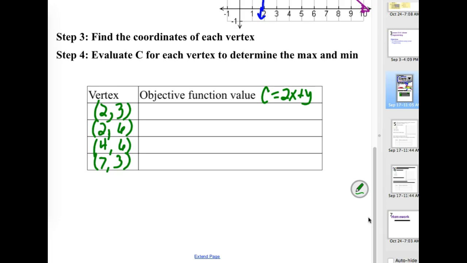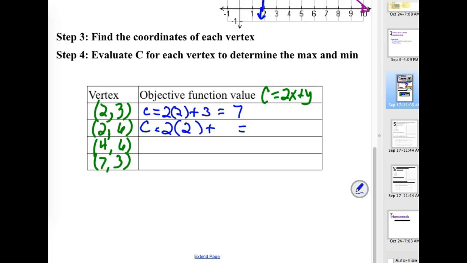Okay, so for my first one, c would equal 2 times my x coordinate, which in this case is a 2, plus y, which is 3. Okay, so my objective function has a value of 7 for that one. Okay, my next corner was 2, 6. C equals 2 times my x value plus my y value.